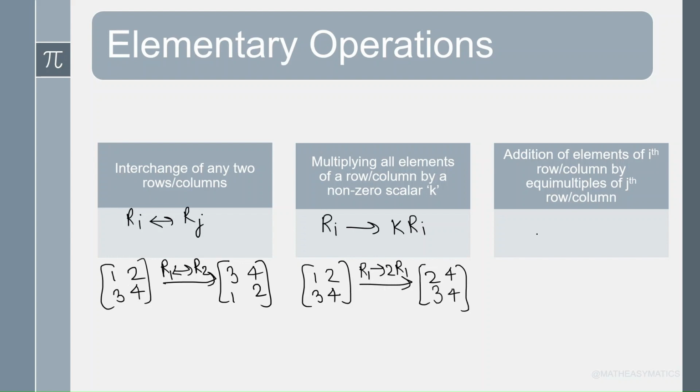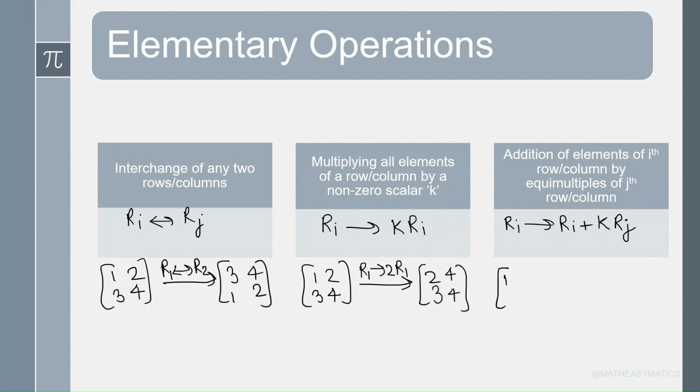Next is addition of elements of ith row or column by equimultiples of jth row or column. It can be represented as Ri replaced by Ri plus k Rj.